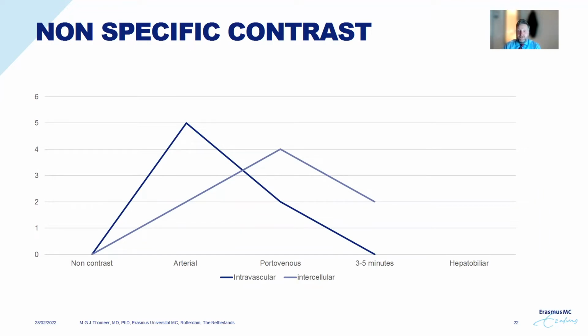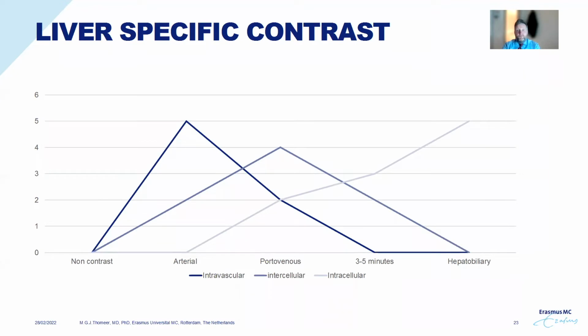This is what happens if you use non-liver specific contrast. What happens then if you give a liver specific contrast like Primovist? Then in addition to the intravascular phase and the intercellular phase, there's also an intracellular phase, more precisely in the hepatocytes. So the liver will gradually enhance, as will tumors containing hepatocytes.